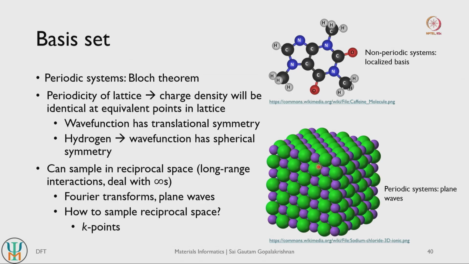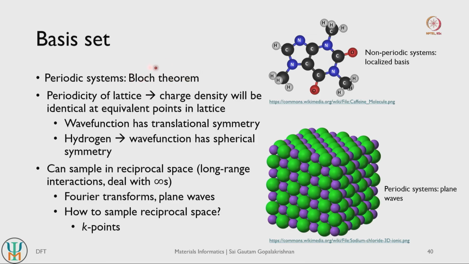So you typically use a localized basis in a non-periodic system, but if you have periodic systems such as, so this is a simple illustration of a sodium chloride crystal structure, the basis set of choice is typically plane waves. And the reason for that is in periodic systems you need to take into account what is referred to as the periodicity of the lattice, which is formulated in Bloch theorem, right.